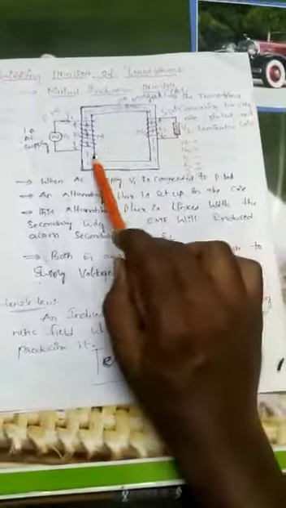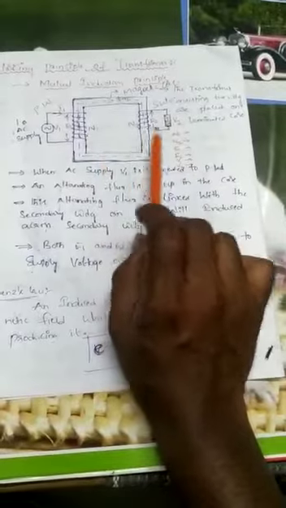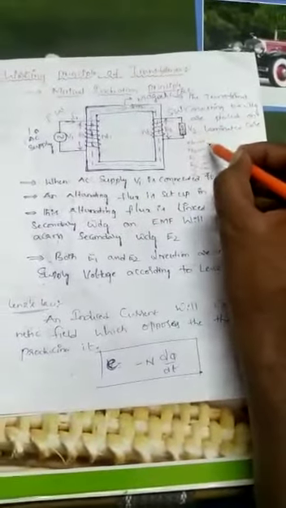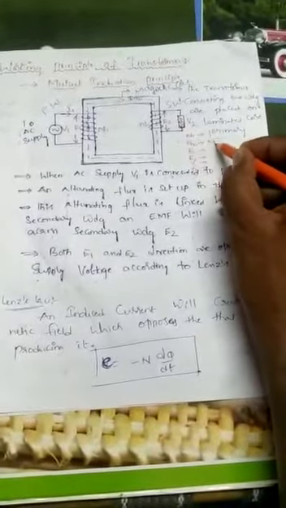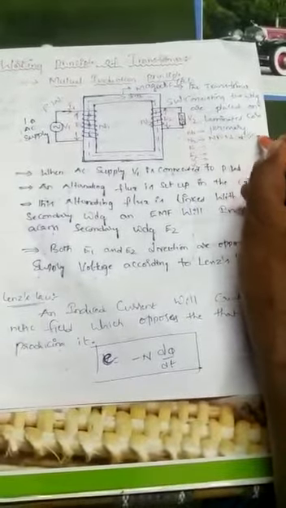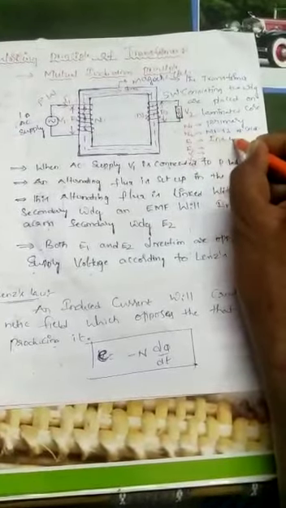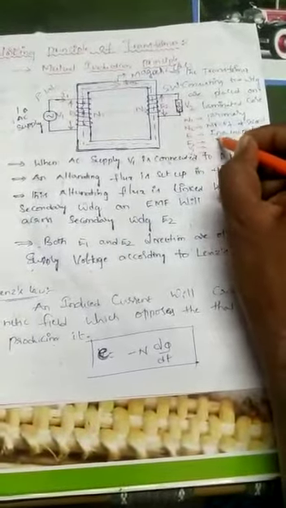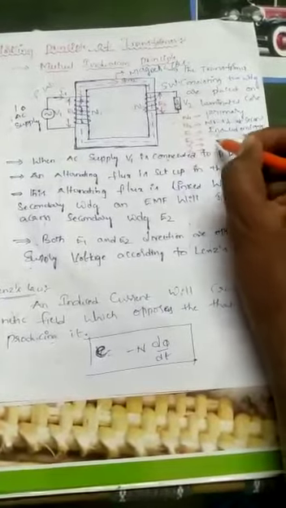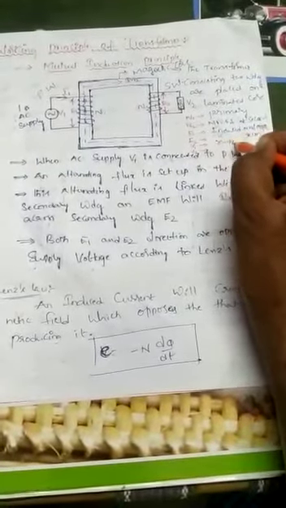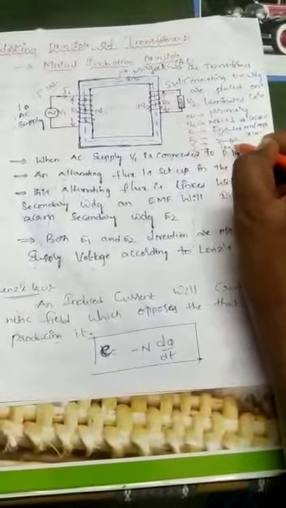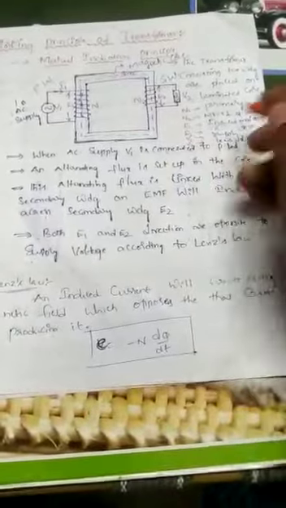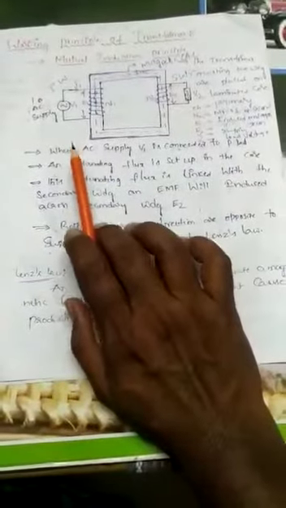N1 is the number of turns of the primary, and N2 is the number of turns at the secondary, with the induced EMF at the primary, the induced EMF at the secondary, the supply voltage at the primary, and the load voltage.